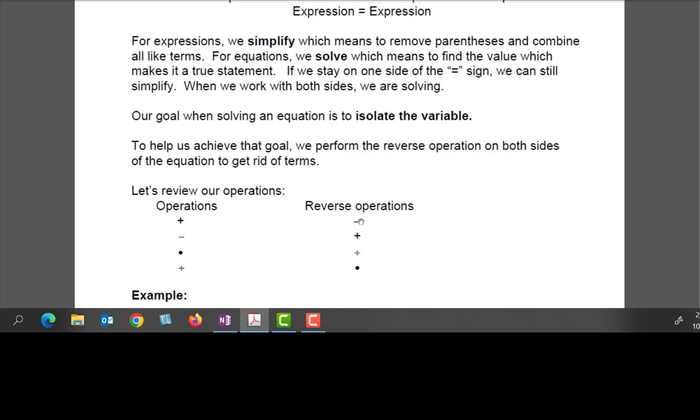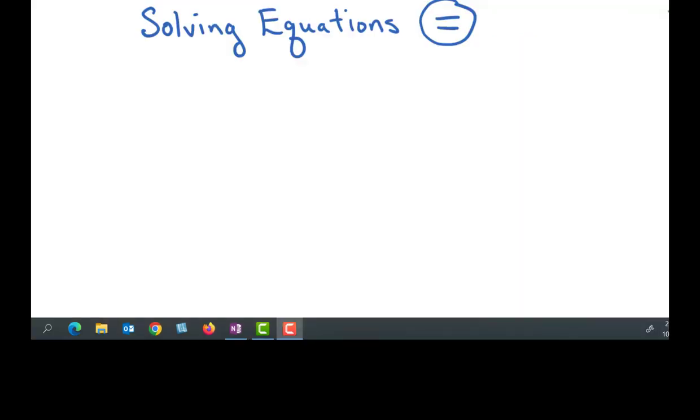So those are the things we want to reverse. For addition, we'll subtract. For subtraction, we will add. For multiplication, we will divide. And for division, we will multiply. And that will help us to isolate our variable, to get rid of a term.